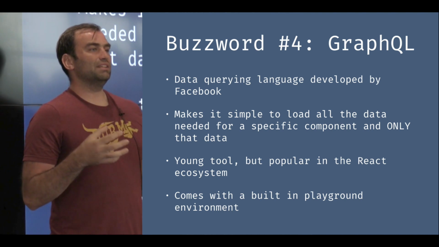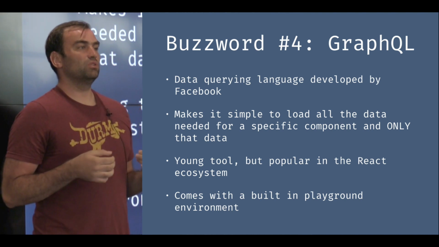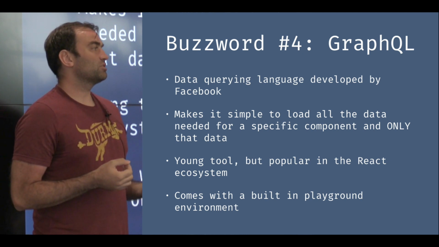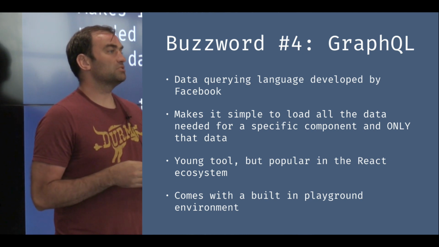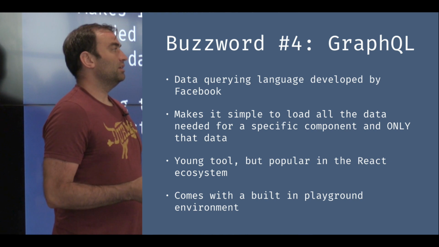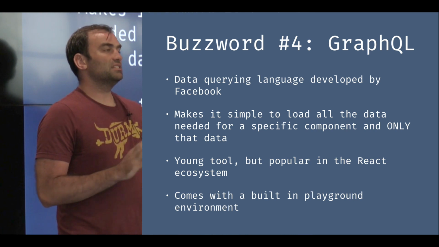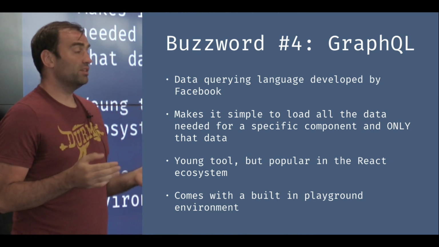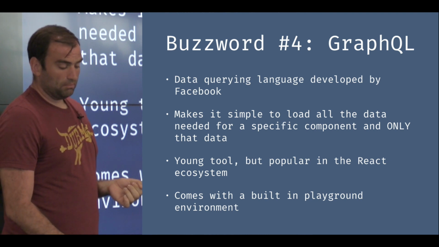I think of it as a more limited version of maybe SQL, like a database query language. It doesn't do nearly as much, but it lets you express, this is the data that I want, and only the data that I want.